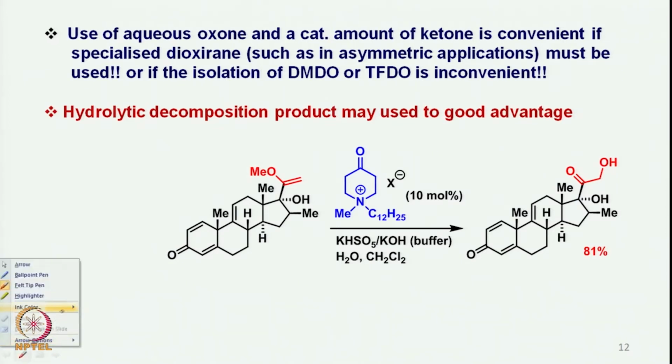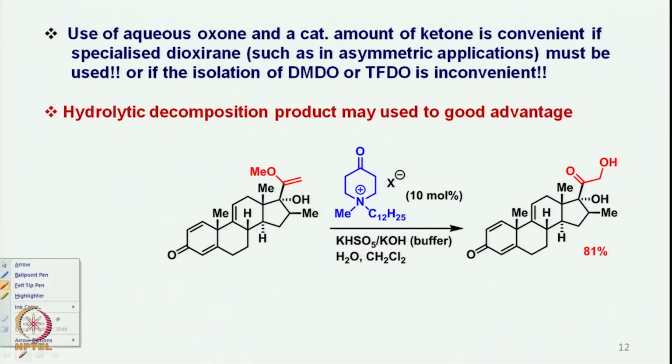We discussed it last time also, and particularly if one wants to make use of it in optically active preparation of the epoxides, then one can easily use it. If one wants to isolate DMDO or TFDO, that is trifluoromethyl dioxirane, if it is inconvenient, then of course you can do the in situ preparation. An example of this kind is here.